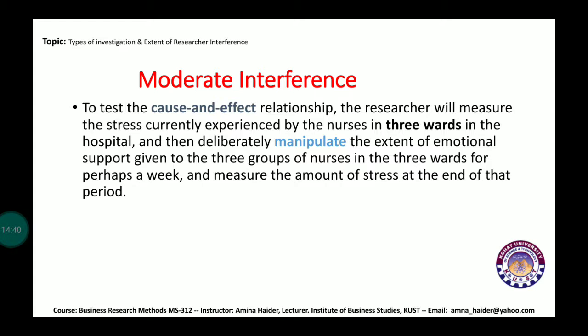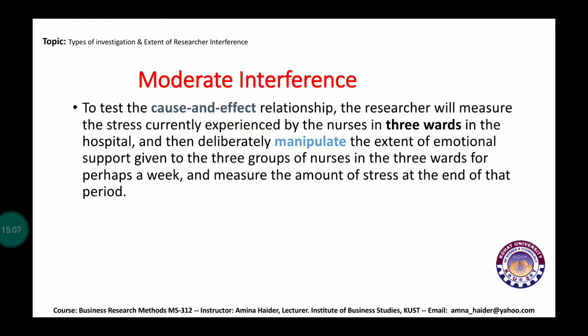We are calling it a causal study, a causal investigation, because we wanted to see if the emotional support that is given to the nurses has any effect on the stress level of the nurses in the hospital.